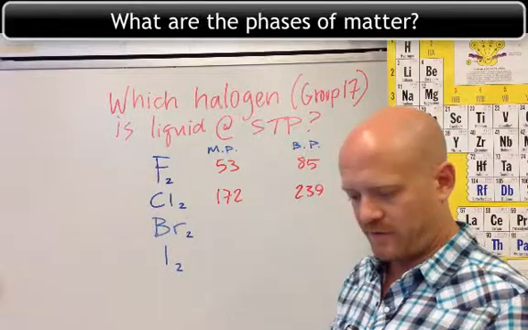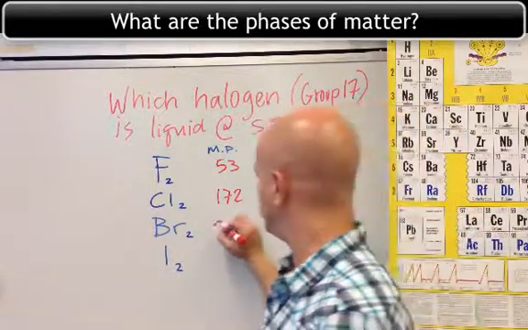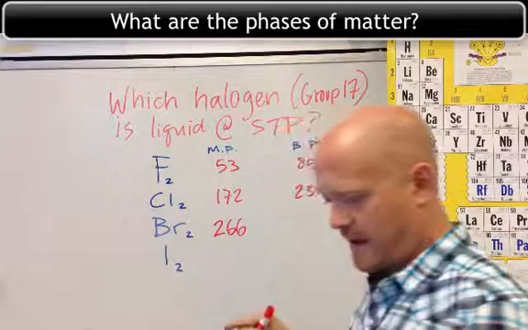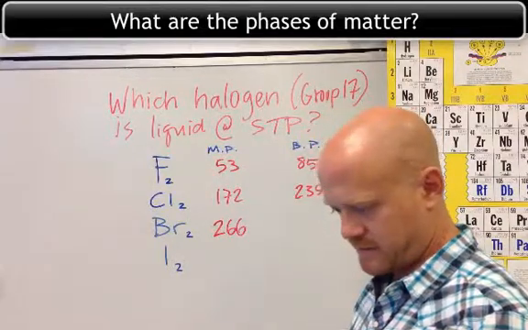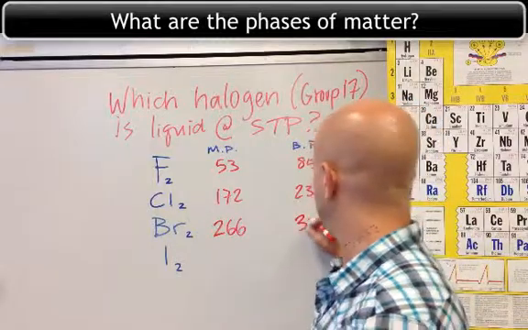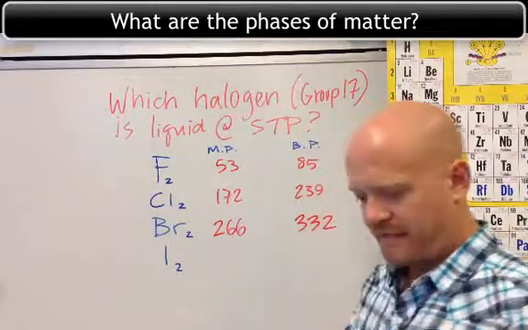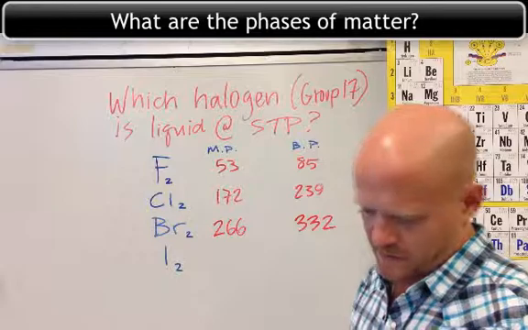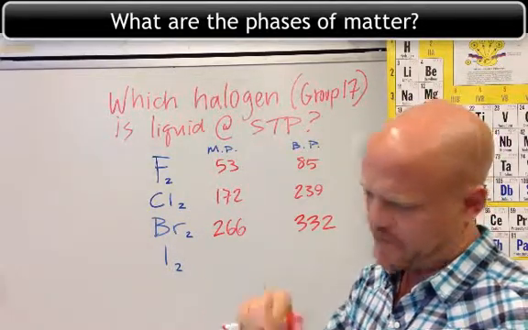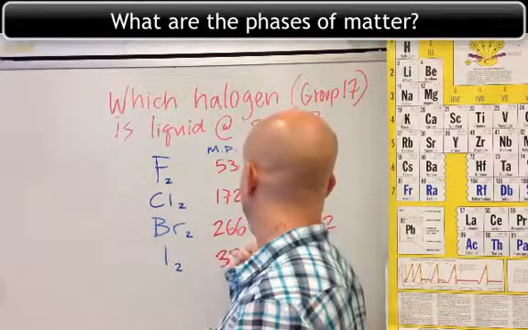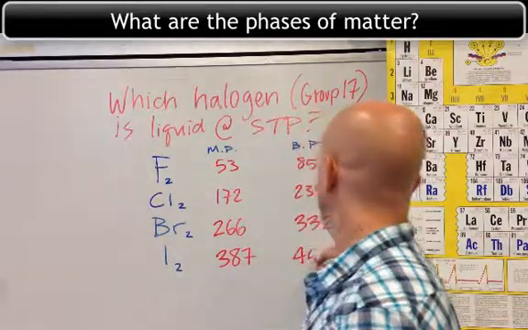Going down, we're going to look at bromine, which is 266, and its boiling point is 332. And finally, iodine, we have 387 and 457.